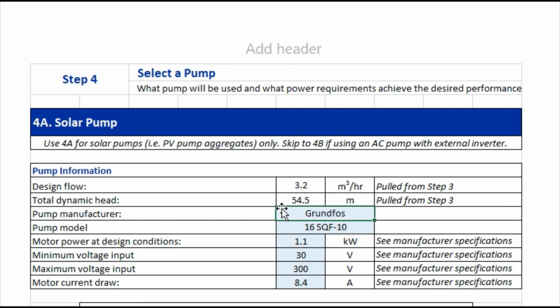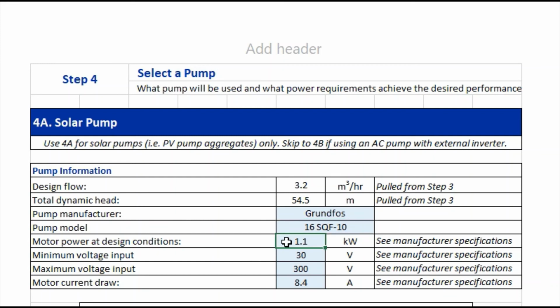In this case, we've narrowed in on a Grundfos pump, specifically a 16 SQF10 Grundfos pump, which is a direct DC powered pump. And we looked at the pump curves to see which one was the best and found that this pump model fit our system well.